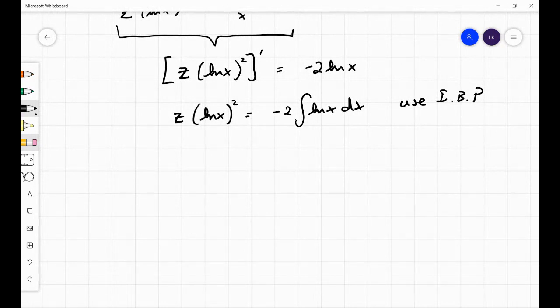To get, let's see, forget you can't pause these. And we get, here's our constant, we get x log x minus x up to a constant.